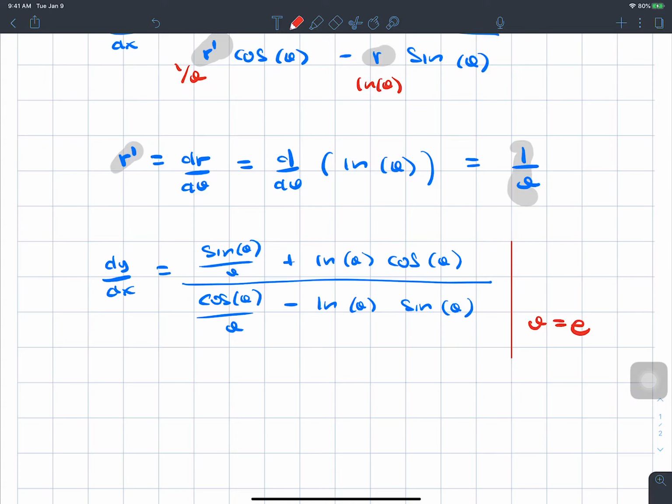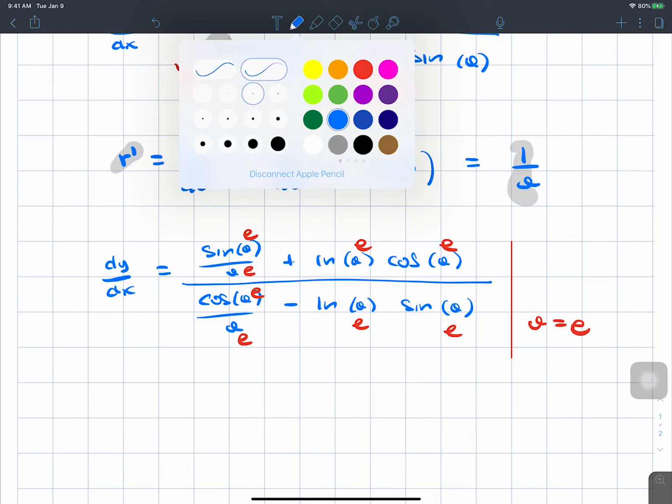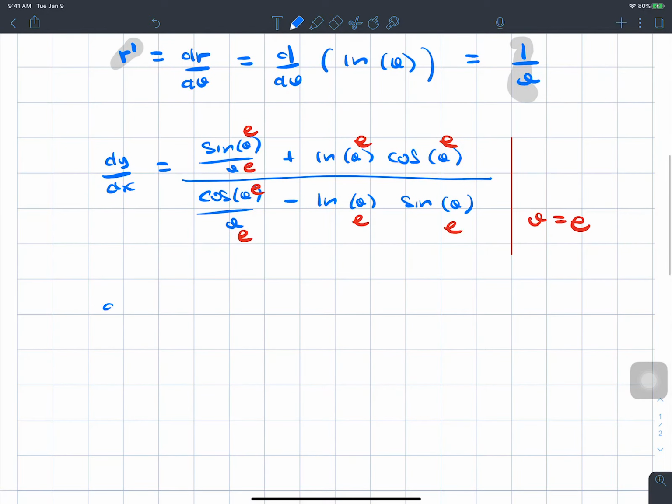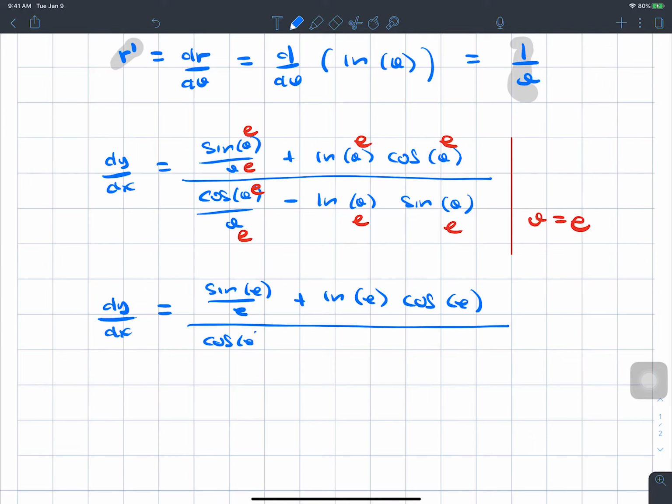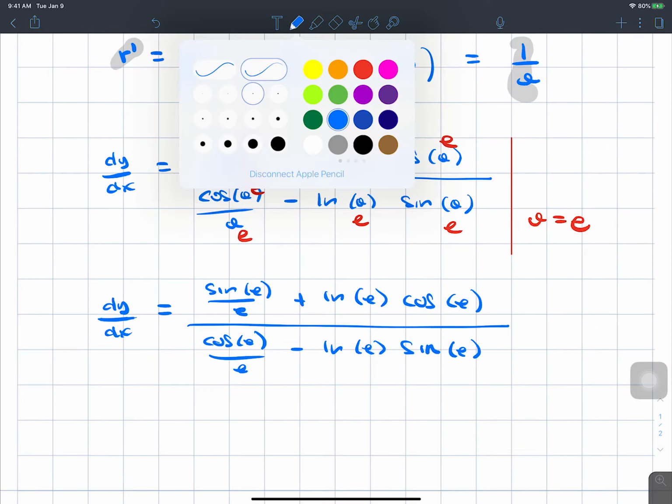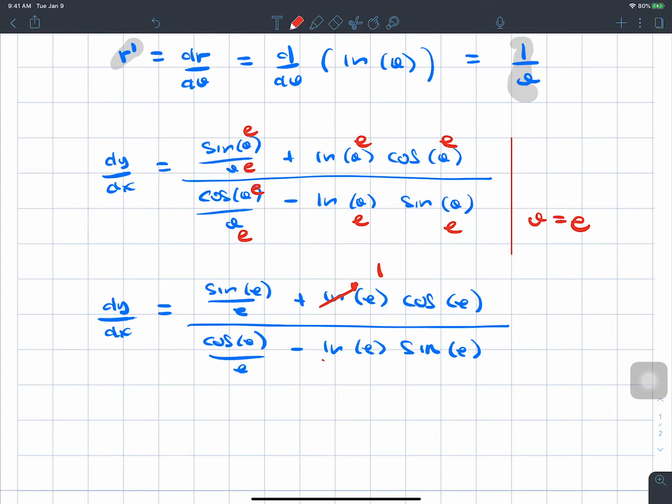Just plug in e wherever you have a theta, and you end up with dy/dx: sine e over e plus natural log of e cosine e, over cosine e over e minus natural log e sine e. Now remember, the natural log of e is 1, so this is gone.